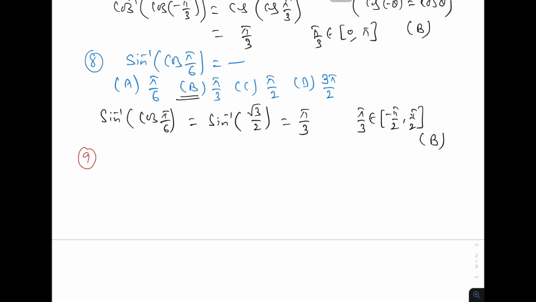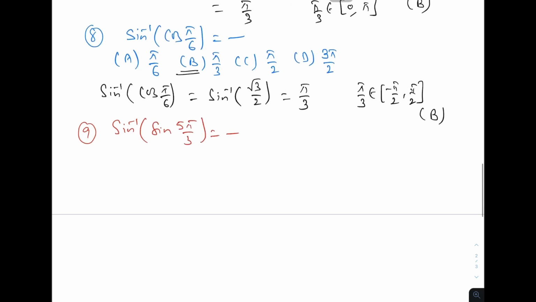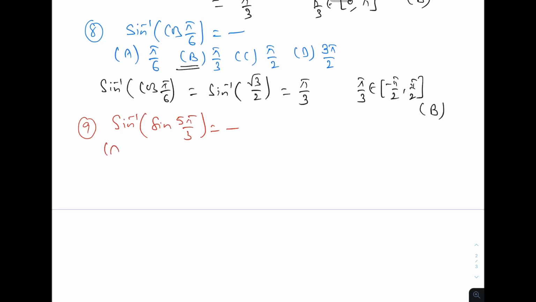Next, the value of sine inverse sine 5 pi by 3 is blank. Options are minus pi by 3, 5 pi by 3, pi by 3 and 2 pi by 3.